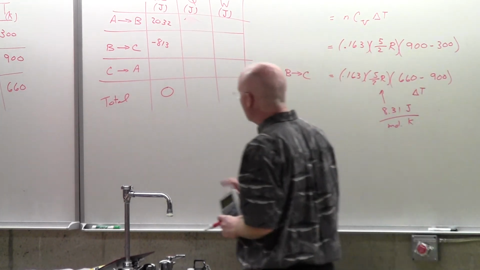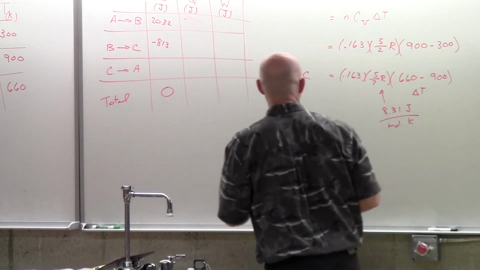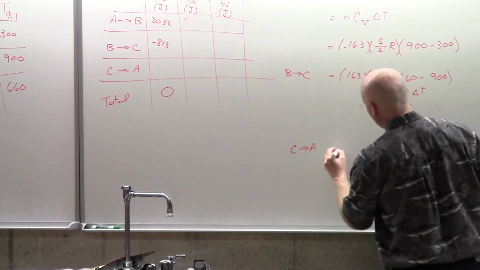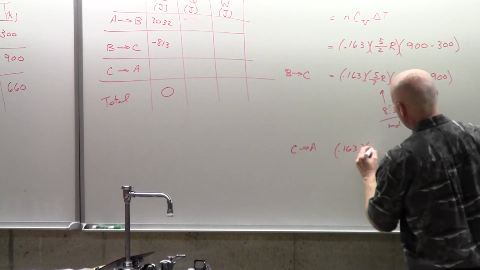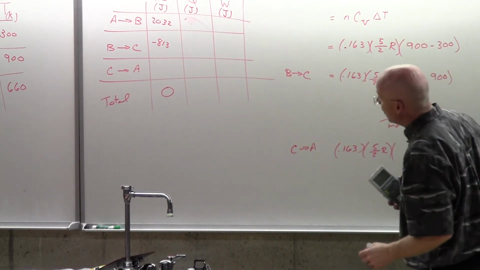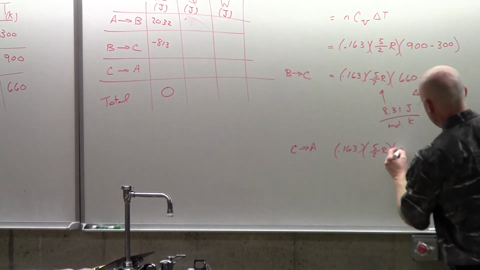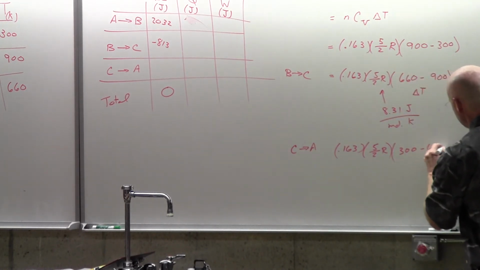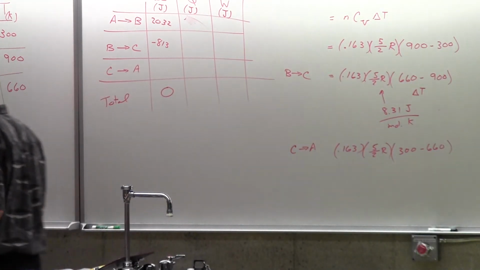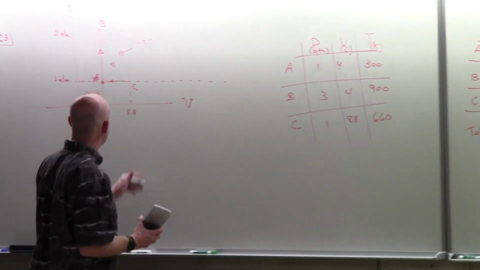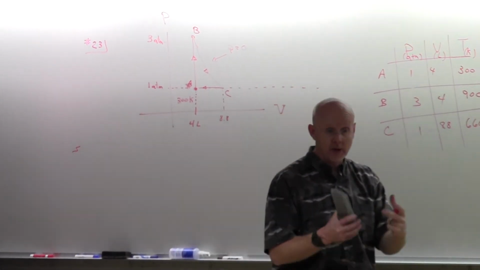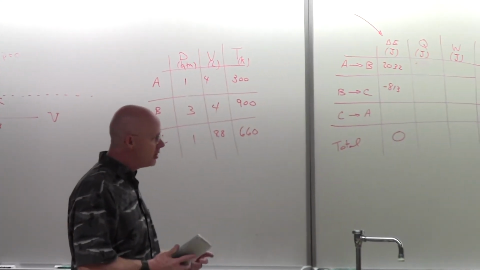So let's see what happens. I'll go ahead and put the next one in here, which would be C to A: 0.163, 5/2 R, and then final, which is 300, minus 660. Again, not a surprise, it's a negative number, because I am going from here to here. I am taking the energy out of them, slowing them down.